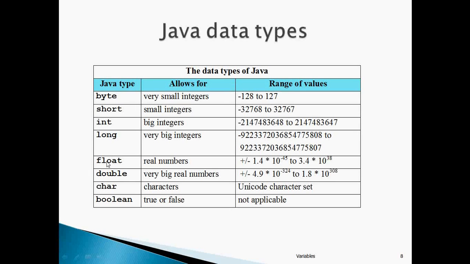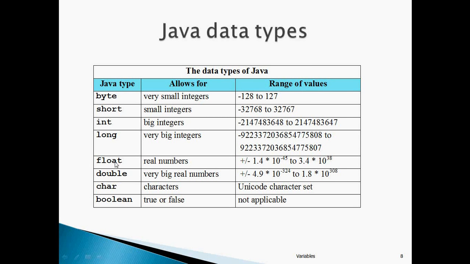So we wouldn't really use this anymore because this uses a bigger amount. Double uses a bigger amount of computer memory than float, but because of the advancements in computer memory, we wouldn't really worry about how much memory we are using with double variables.